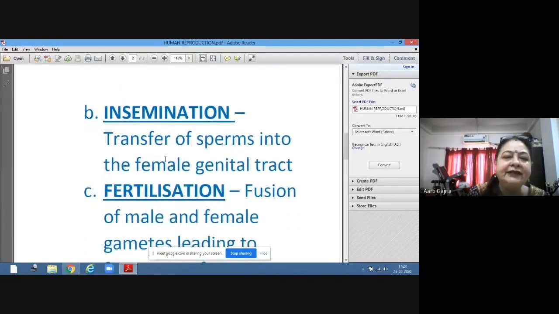The second is insemination. What is insemination? Insemination is transfer of sperms into the female genital tract. You should be familiar with all these terms before we go into the details of human reproduction.